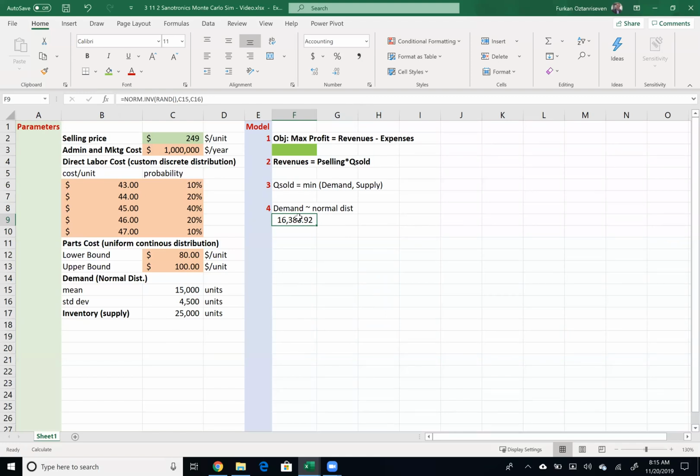However, if this was a deterministic model, not a stochastic or simulation model, I would just use the average, right? Just plug in here 15,000 for demand. But in this case, I don't do that because I know that the demand will change based on external factors that I cannot consider.